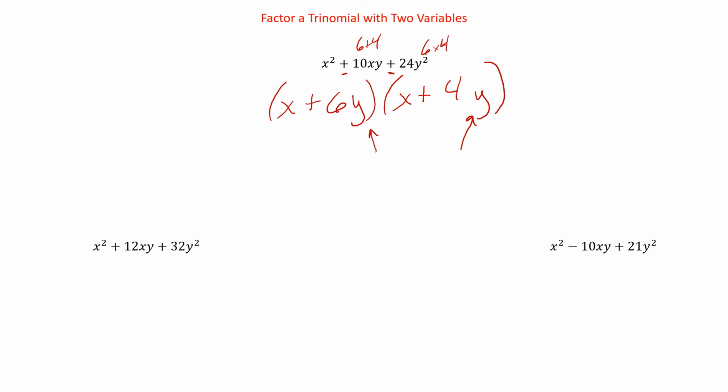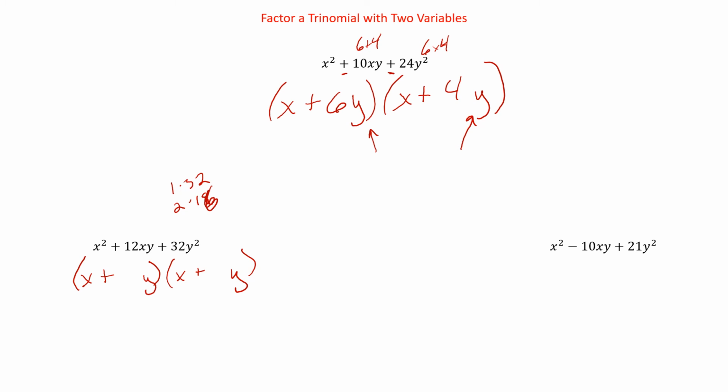All right, ready to take a look? So we know that this first one, we're going to have x, and that'll be plus something with a y, and x plus something with a y. We just need to figure out what that is. So what times what equals 32 that adds to be 12? Well, 32 could be 1 times 32, 2 times 16.